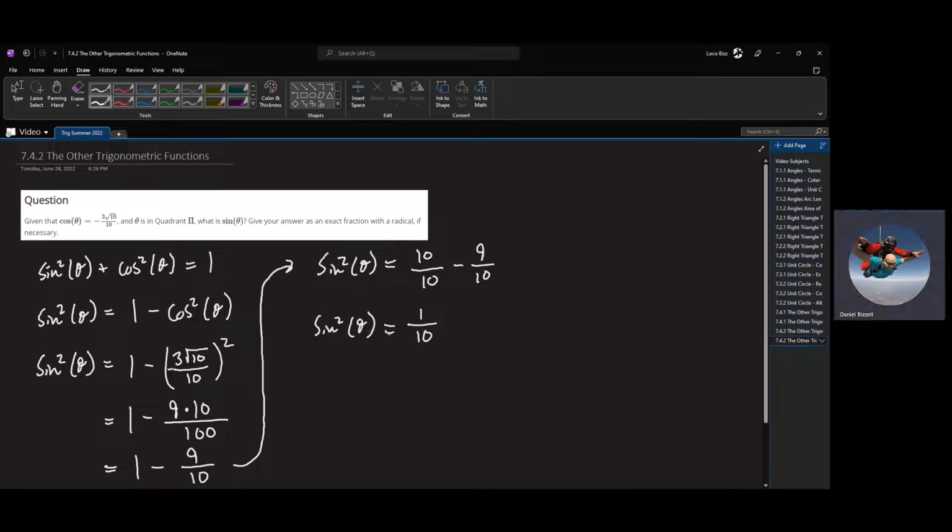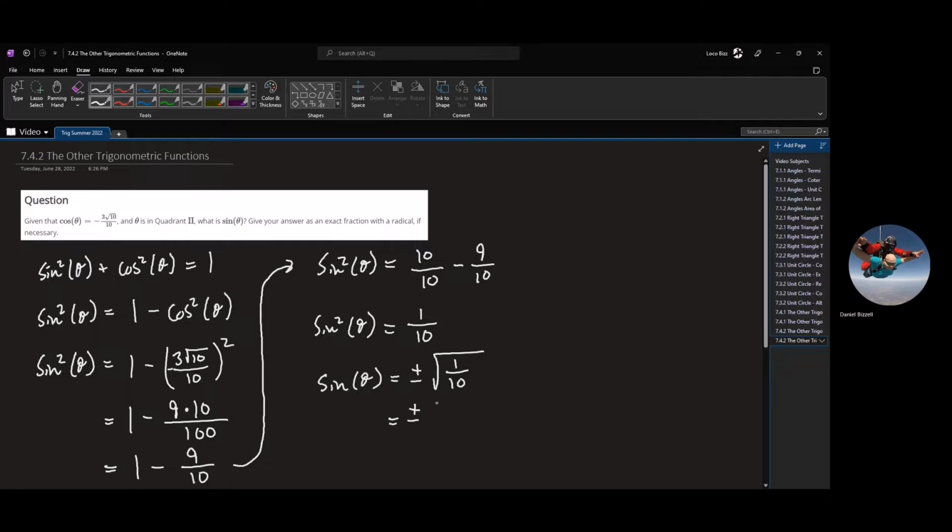But the question again is asking us for sine theta, not sine squared theta. So we need to take the square root of both sides. When we take the square root of both sides, we get that sine of theta is equal to plus or minus the square root of 1 over the square root of 10.